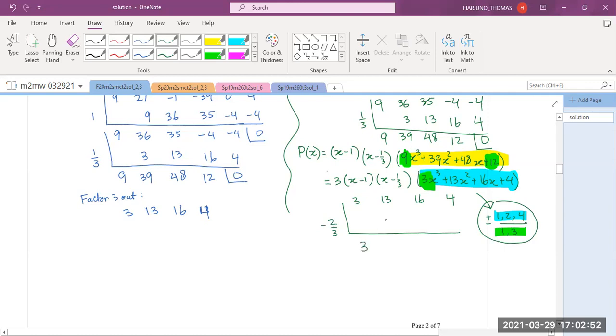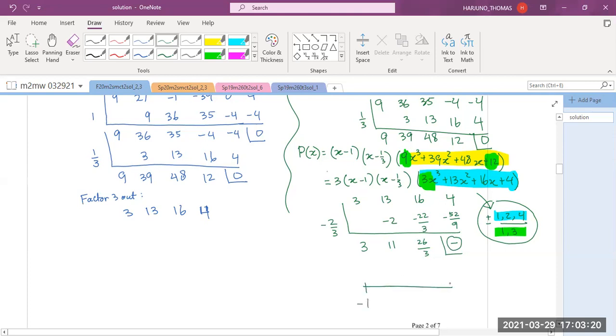Okay, 3, this is -2, this is +11, that's -22 over 3, 48. So that's 26 over 3. That's -52 over 9. This will be negative. Okay, so let me write it down again.